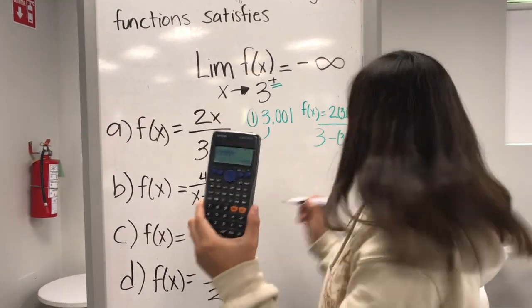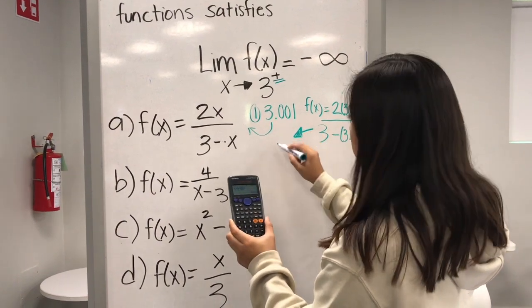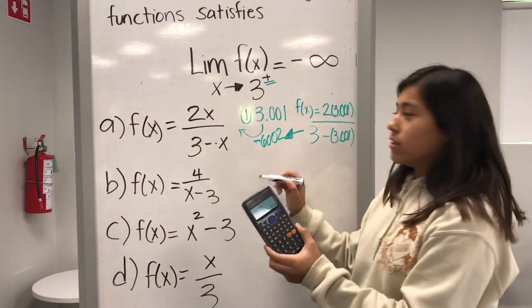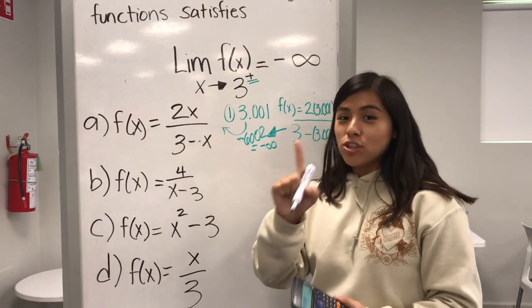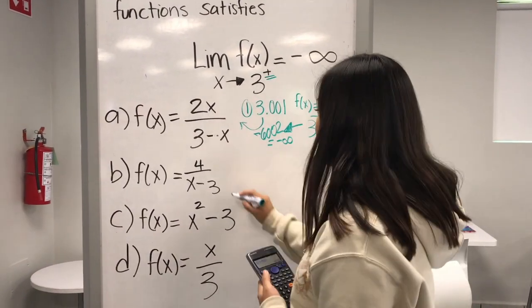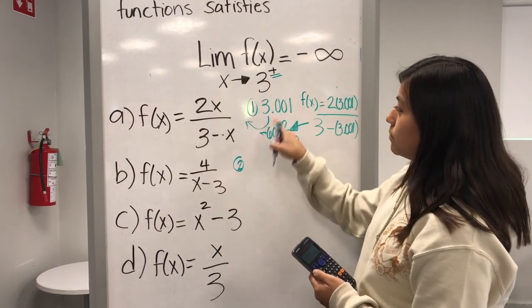The answer in the calculator is negative 6,002, which is almost as if you were saying negative infinity, since 6,000 is a big number. So we have the answer, but we need to make sure that the other 3 functions are wrong. So we're going to try each one following the same steps.